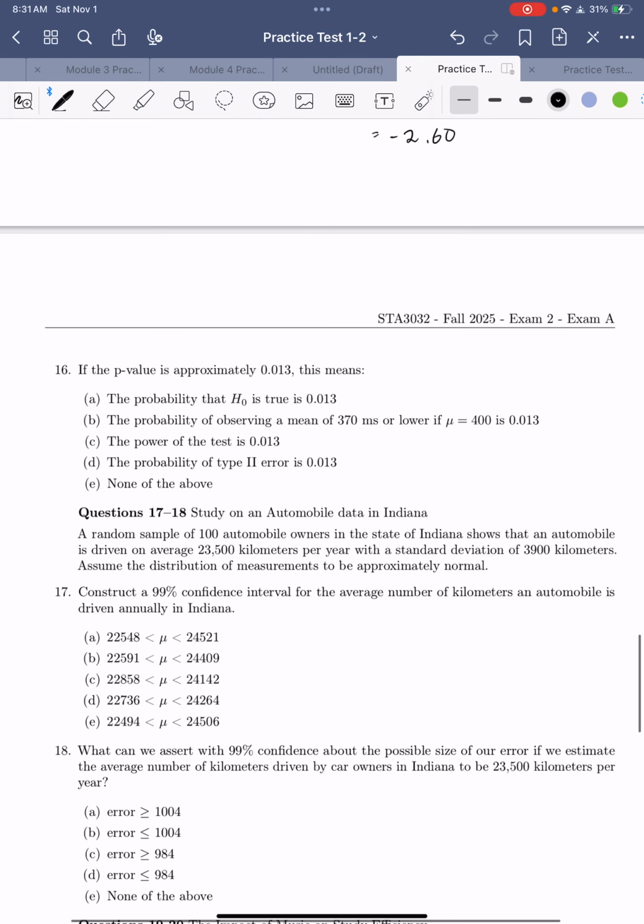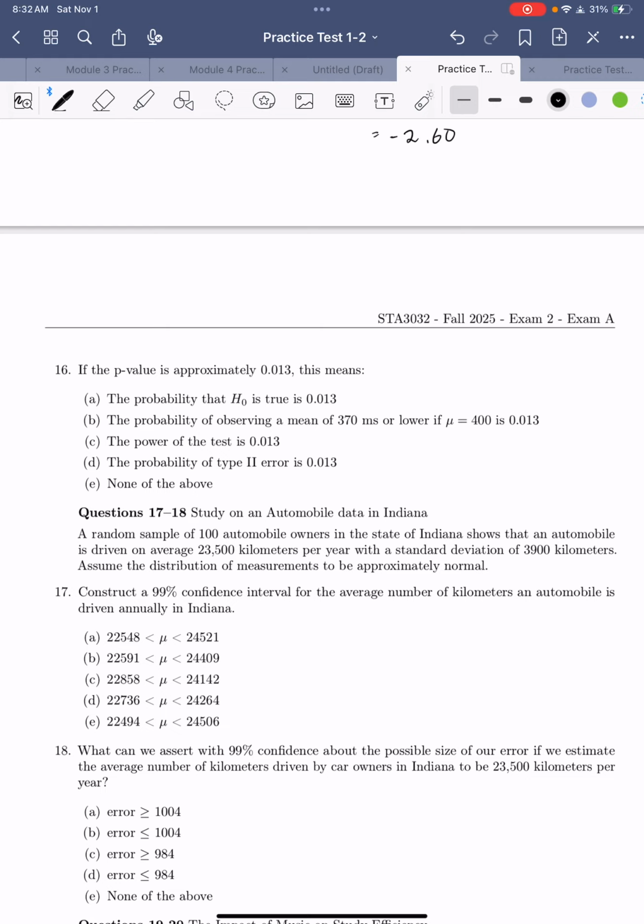And then, if our p-value is approximately 0.013, this means, so our first answer choice says the probability that our null hypothesis is true is 0.013, and this sounds right because 0.013 is the probability of seeing our results with the null hypothesis being true, but this isn't the actual probability of the null hypothesis being true.